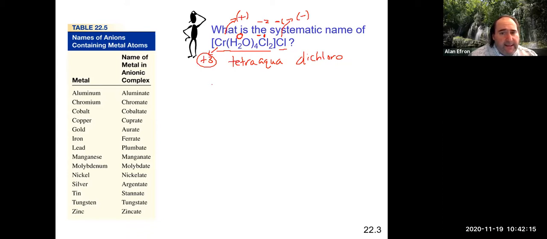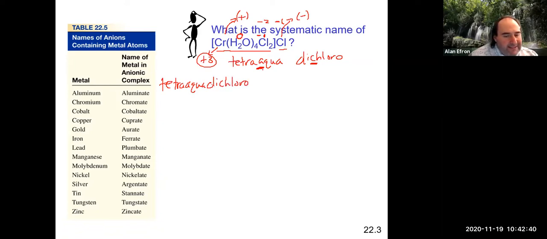And in this case, we are going to put these guys in alphabetical order. So alphabetical order in this case is regardless of prefix. So we have A versus C here. So it is actually going to be tetra, aqua, dichloro.